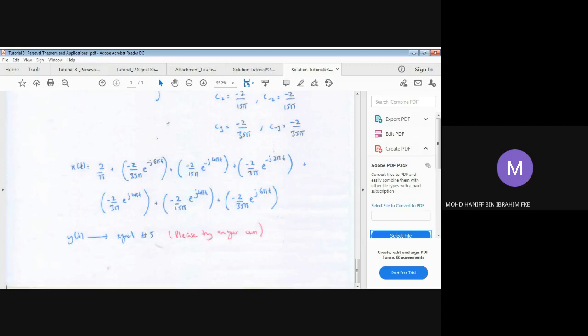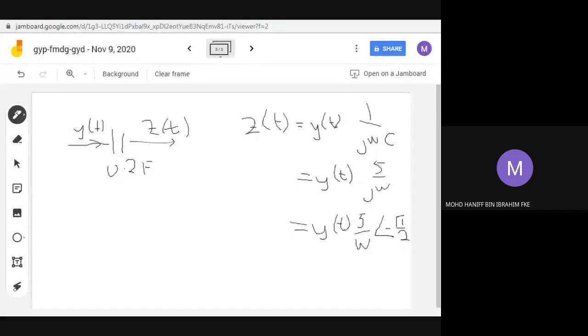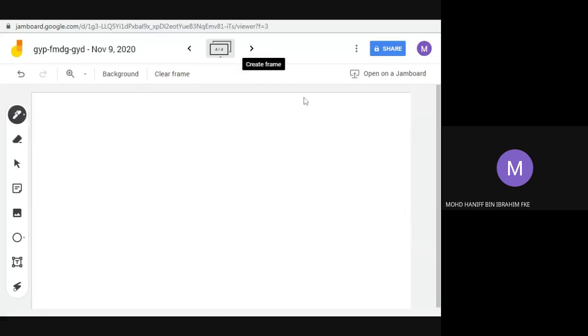Yeah? So in terms of the sketching for this example, let me change the window. Okay, let me see here. Right. So, for instance, this is your double-sided spectrum. This is omega. That's your amplitude.